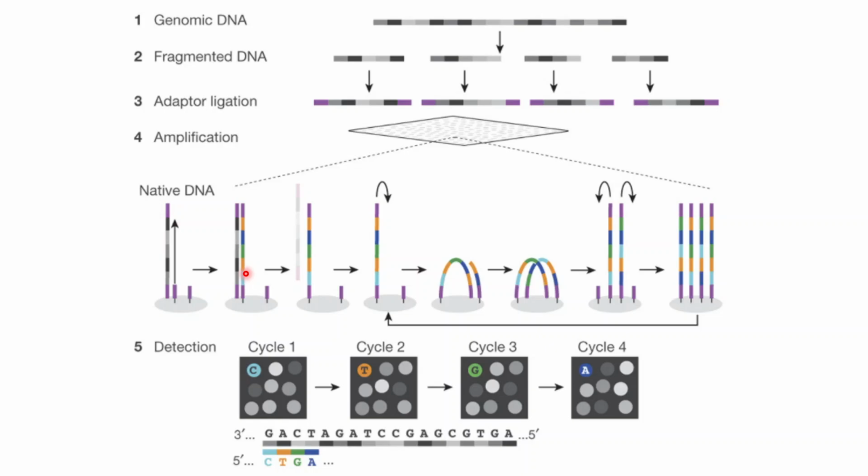So whenever a new base is added, suppose that this is the first line, then you have to add the C. The C gives a light blue kind of signal, right, because it is fluorescently labeled. So whenever a C is added at this particular foci, it gives a light blue fluorescent signal.